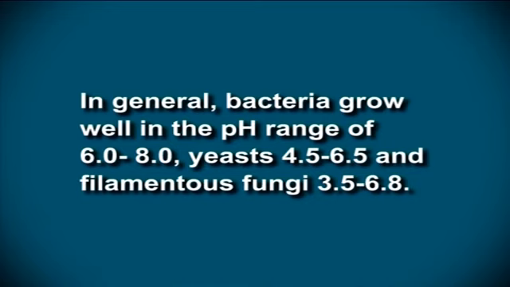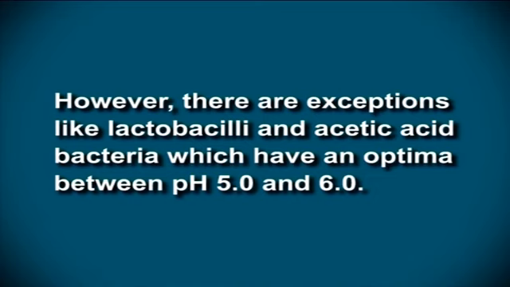In general, bacteria grow well in the pH range of 6 to 8, yeast 4.5 to 6.5, and filamentous fungi 3.5 to 6.8. However, there are exceptions like lactobacillus and acetic acid bacteria, which have an optimum pH between 5 and 6. Some of the pH requirements of the various organisms are listed in table 4.